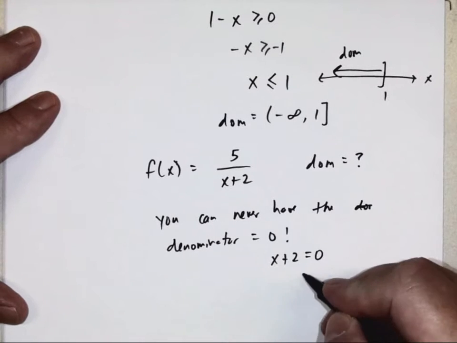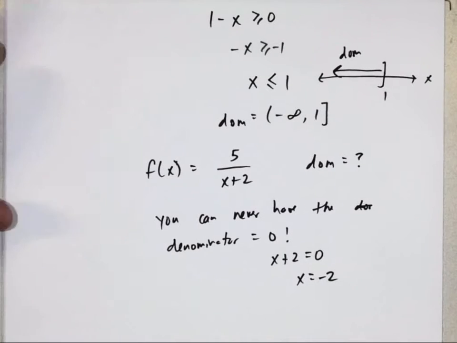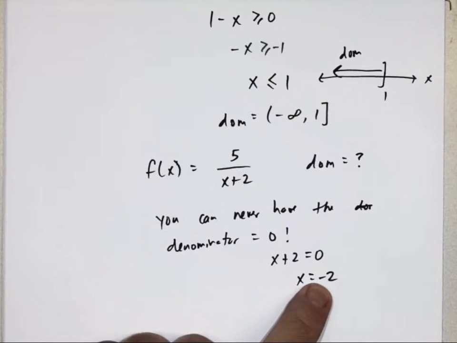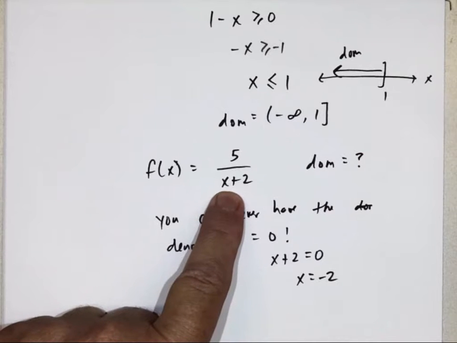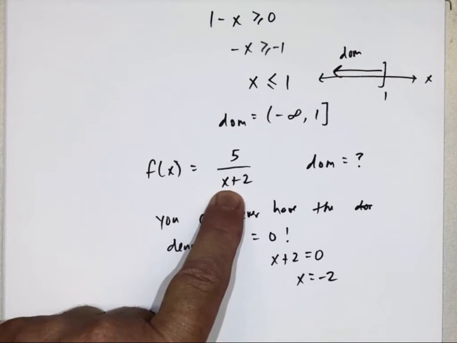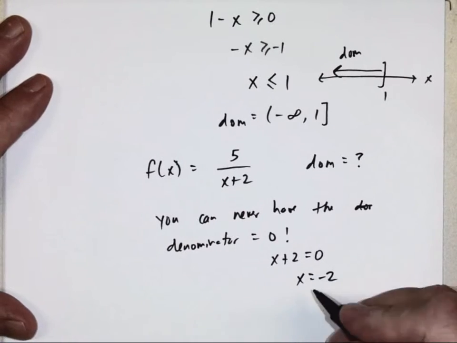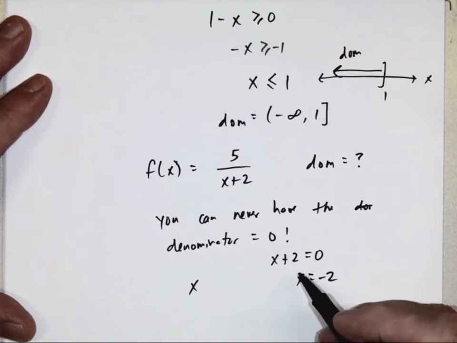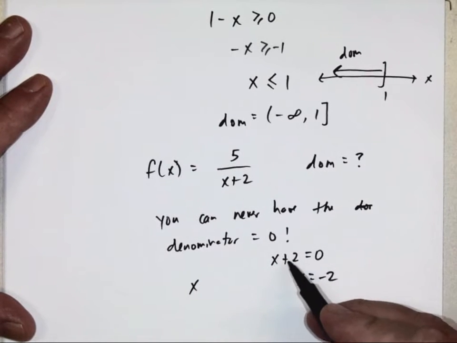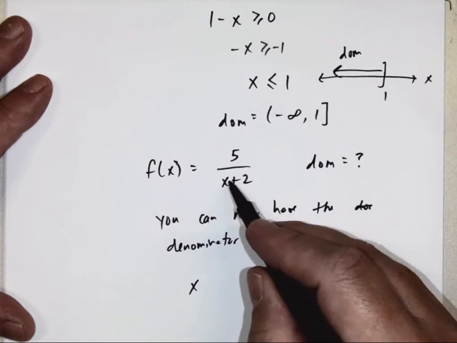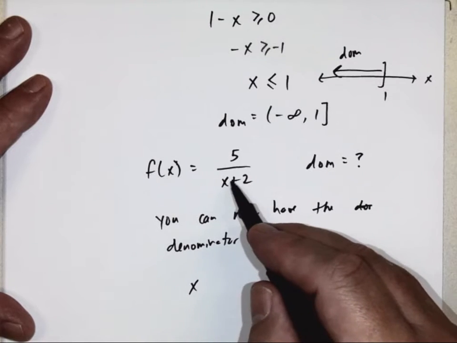So in this case, it's pretty obvious. I solve this equation, x is minus 2. Actually, I don't even need to do this equation here. This one's simple enough. I could have just looked at it and said, you know what?